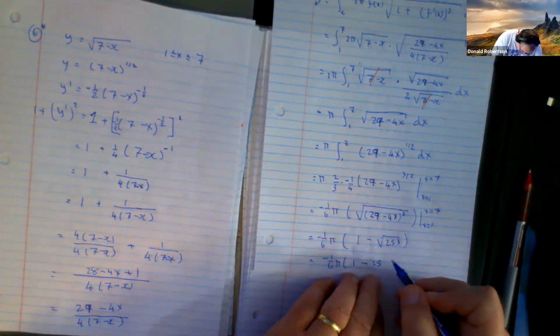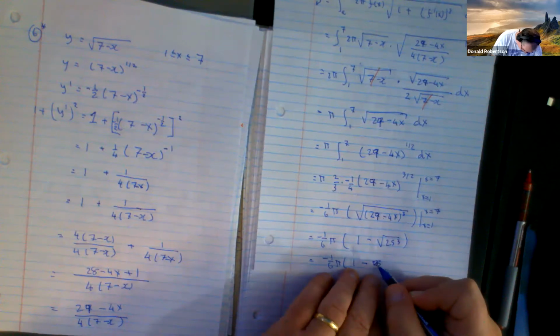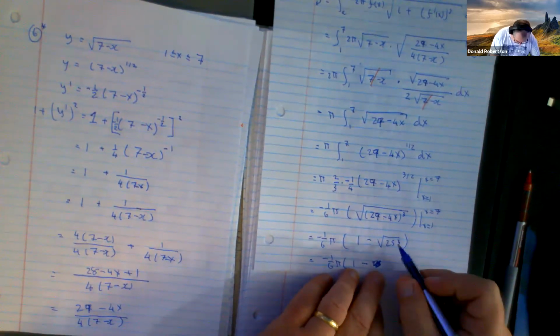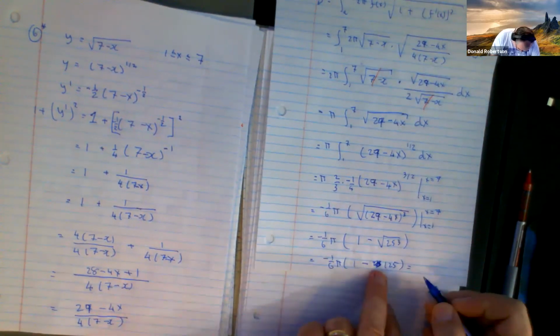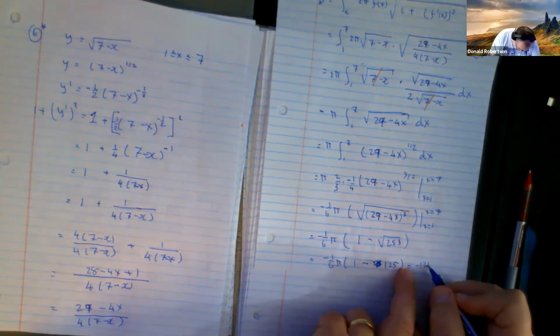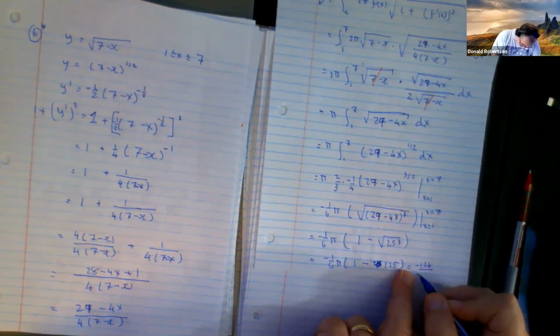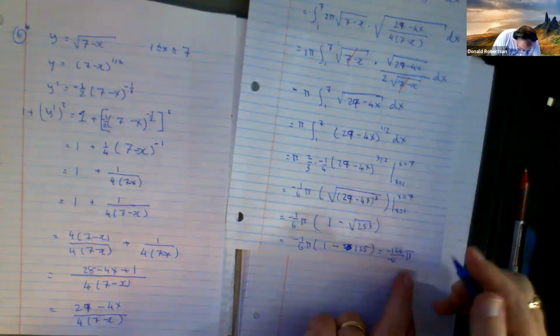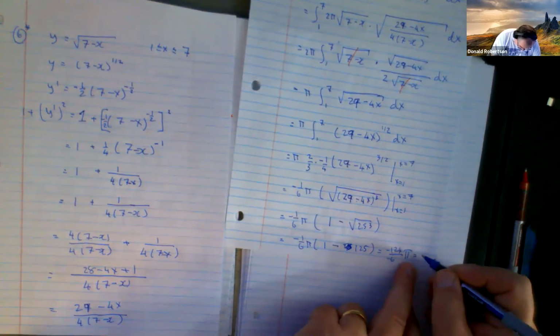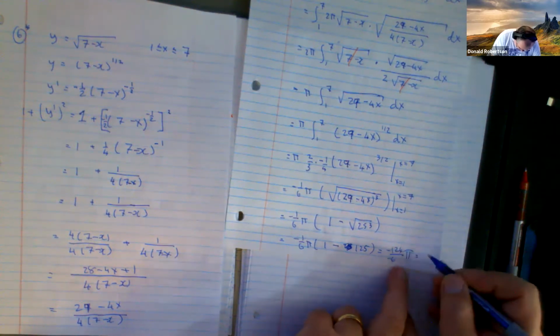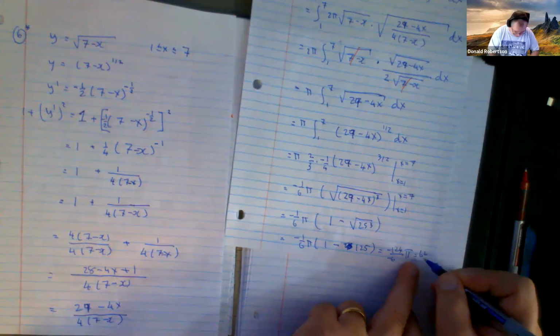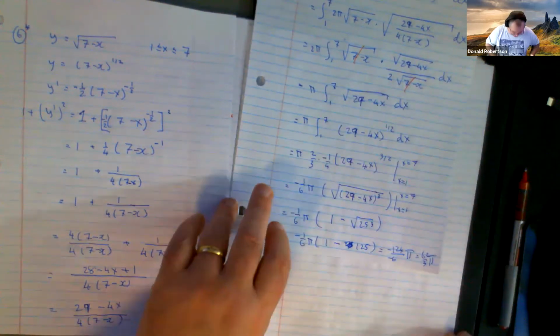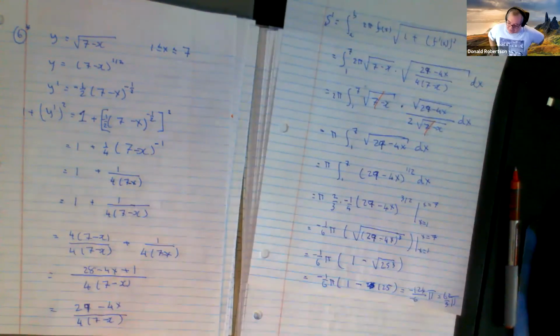Oh, that's a really nice number. It's 125. And so that's -124 over -6 pi, which is positive. Right. And positive what? 2 would work. 62/3 pi. And it's the right answer because I got the answer to the side here.